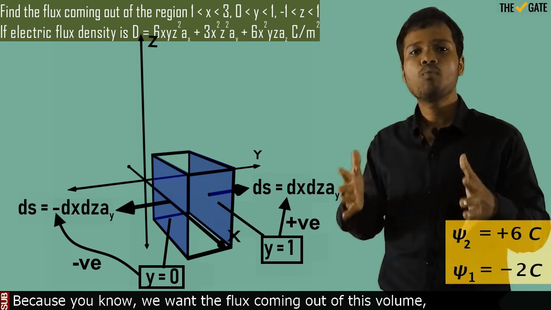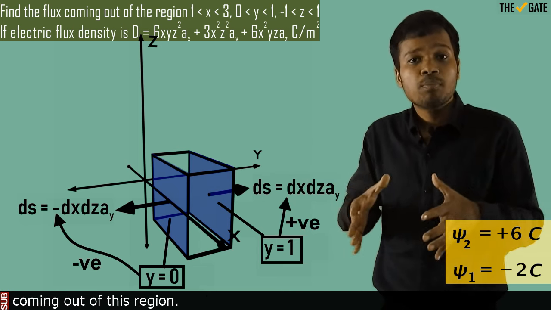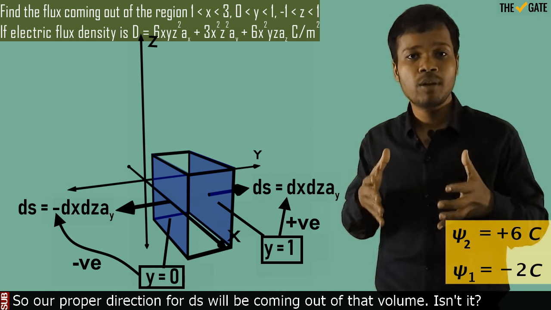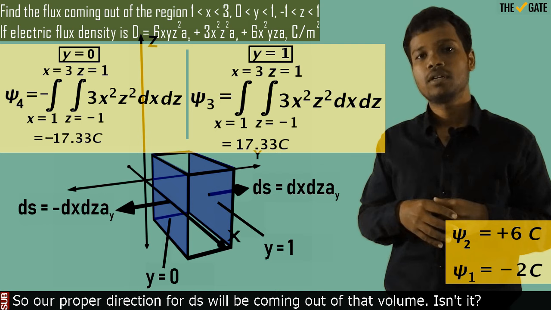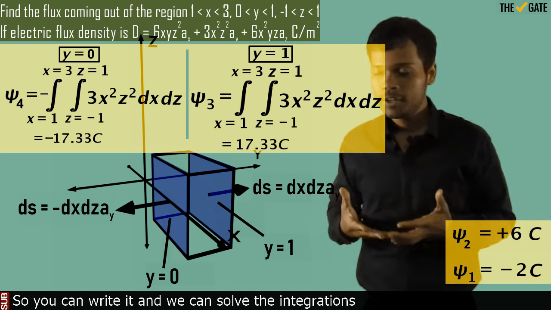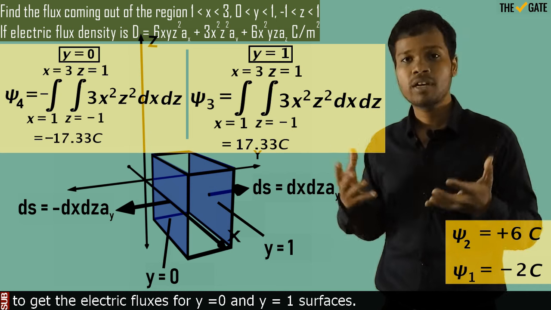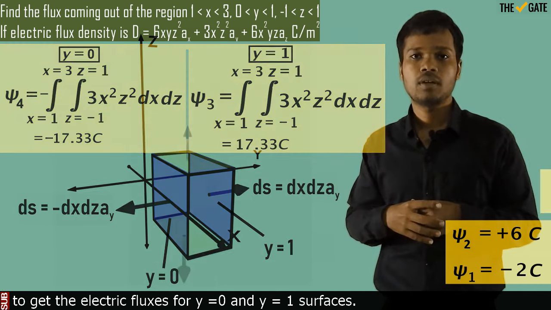Because we want the flux coming out of this volume, coming out of this region. So our proper direction for ds will be coming out of that volume, isn't it? So we can write it and we can solve the integrations to get the electric fluxes for y equal to 0 and y equal to 1 surfaces.